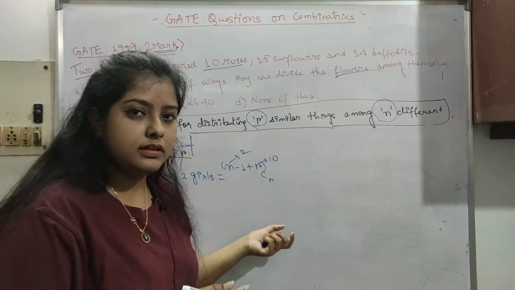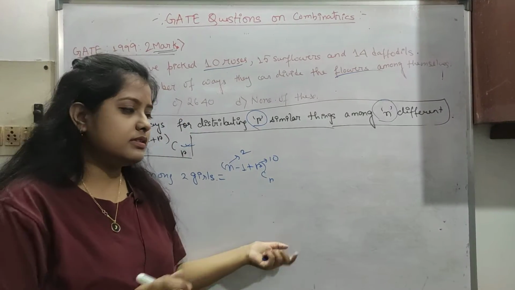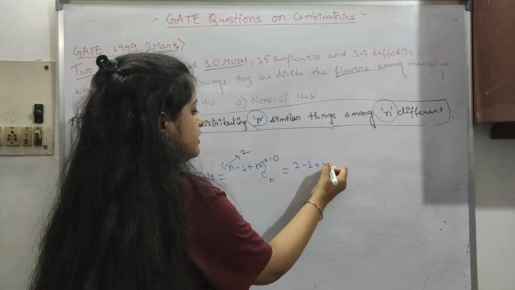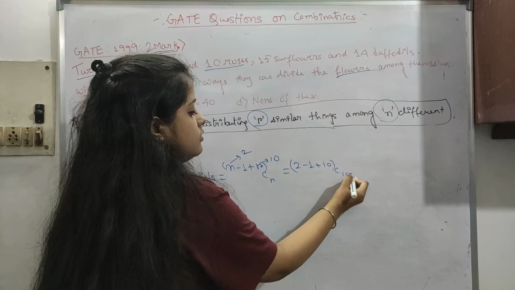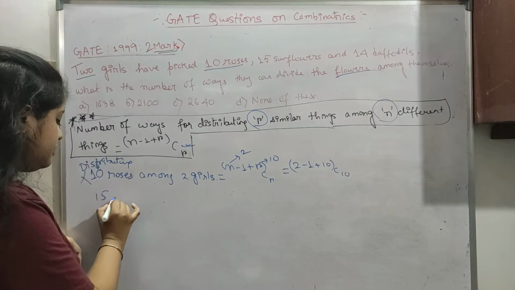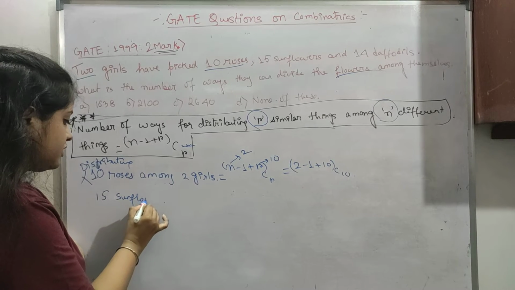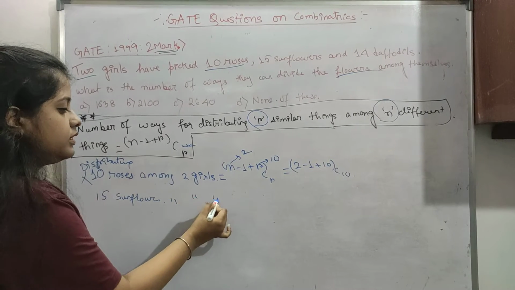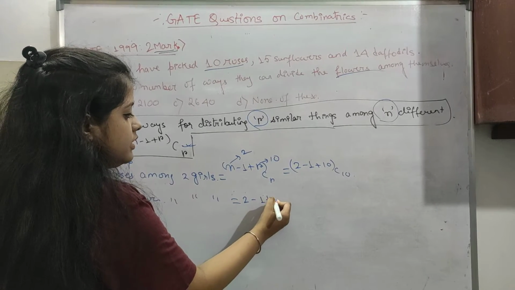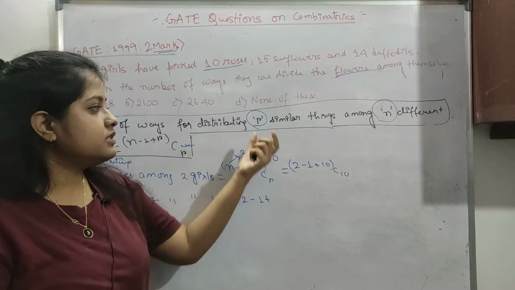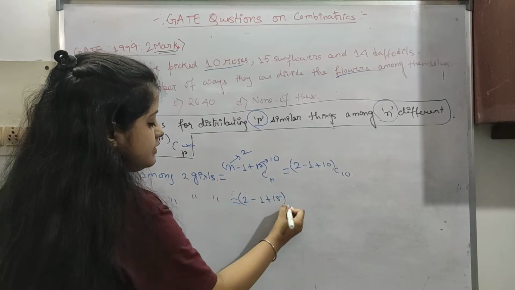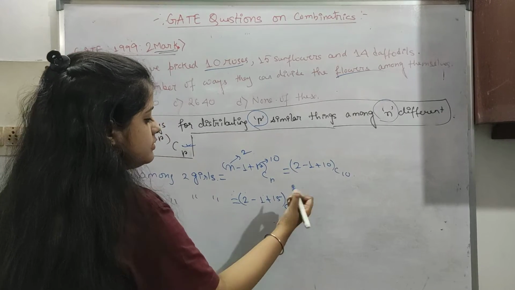For our example, let's take all roses as identical. So it is 2 minus 1 plus 10 C 10. Next is 15 sunflowers among 2 girls: again 2 minus 1, and r has changed to 15, so 15 C 15.